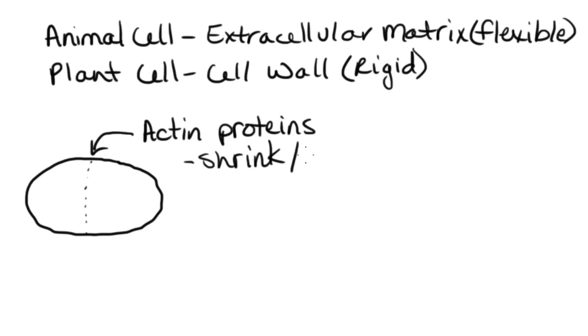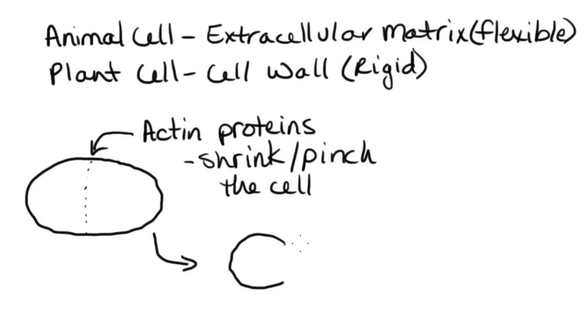And when they shrink, they will start to pinch the cell. And so we will see that this cell turns into this cell, where we start to see this little contraction down the middle. And this indentation that we see here, this is what we tend to call a cleavage furrow.